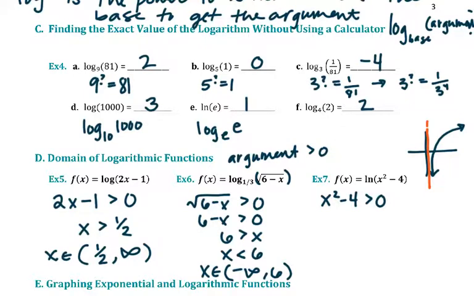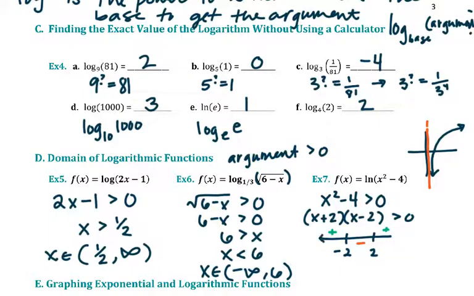So in this situation, we'd factor that. We would get x plus 2 times x minus 2 needs to be greater than 0. We'd have two critical values that we could plot, -2 and +2. And if we checked our solution set, where is it greater than 0, we would get positive, negative, positive, choosing test values on each side.